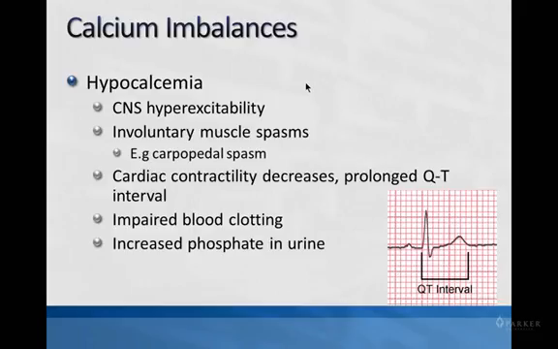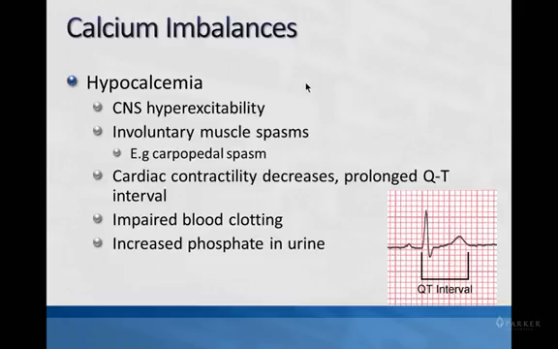Now also, calcium plays a role within cardiac muscle. Calcium is very important in cardiac muscle contraction. Cardiac muscle does not have as well developed a sarcoplasmic reticulum, so it does depend more on the extracellular fluid levels of calcium. So, in response to low calcium, cardiac contractility decreases.